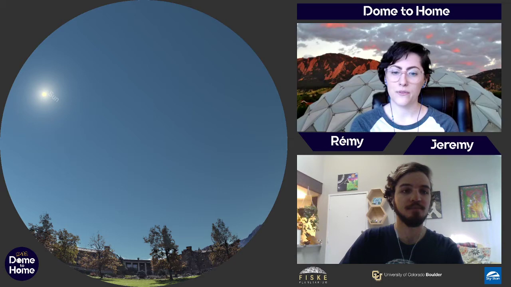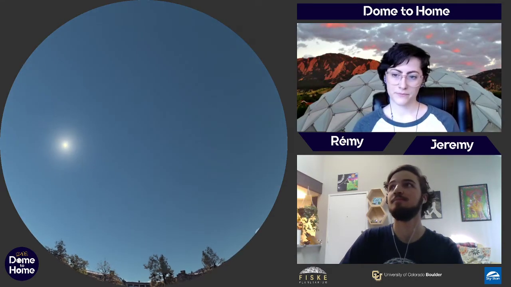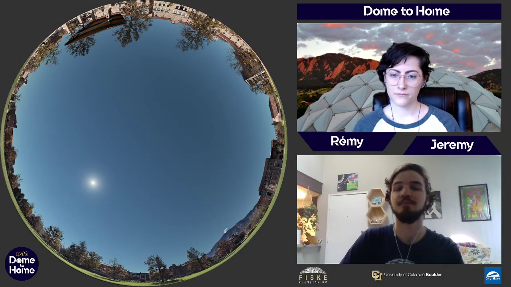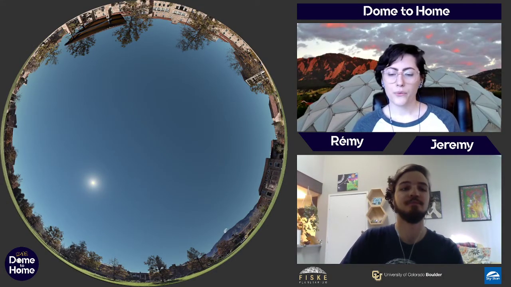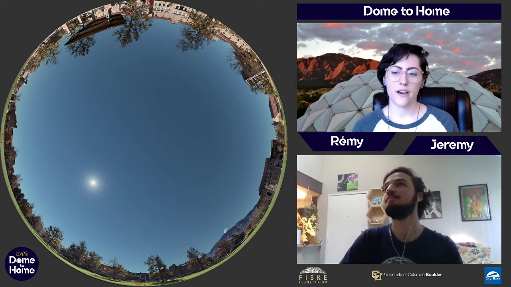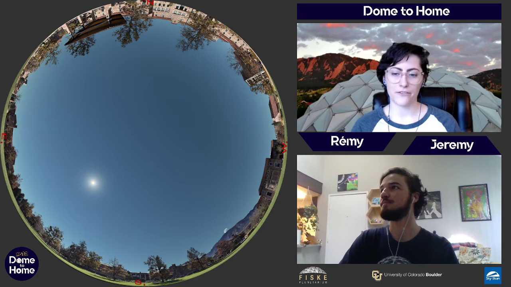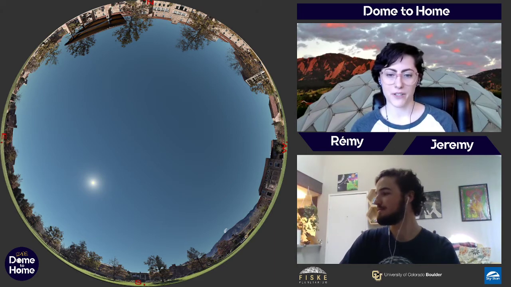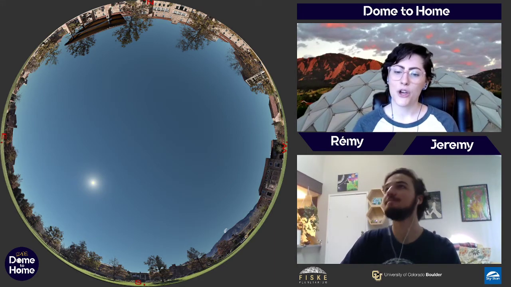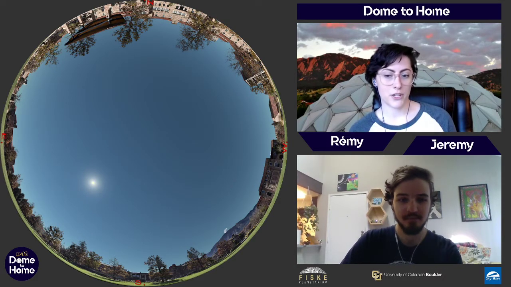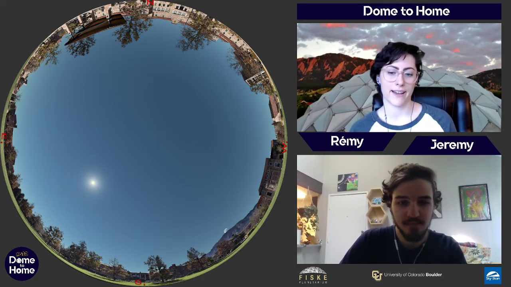So we're gonna lay down so that we can see the entire sky all at once. So right now, what Jeremy has projected is as if you were laying on the ground. What we have is Farrand Field on CU Boulder campus in Colorado, looking at the sky as it is right now, which is about 11 a.m. on April 15th, 2020 for anyone not watching live.